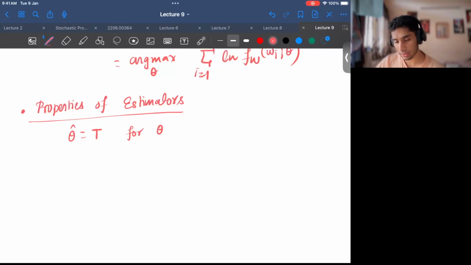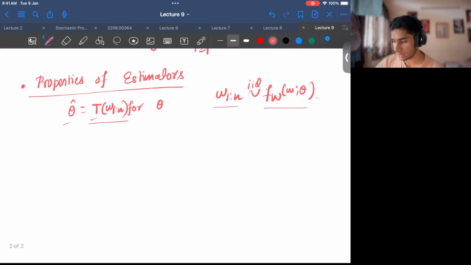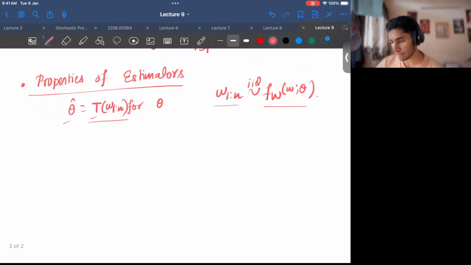And T is an estimator of theta, which you can represent by theta hat or T. Maybe I will write T of W1 to Wn, where W1 till Wn are sampled IID from f_W of w, theta. So this is your parametric distribution. These are your samples, and T is your estimator. So T is basically a function of these random variables, right?